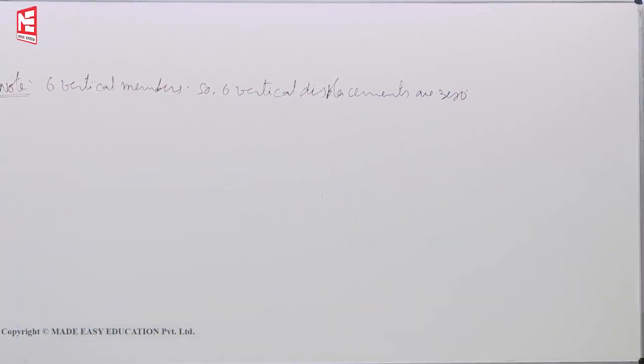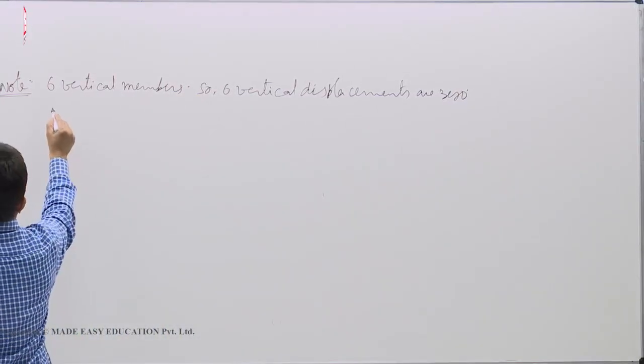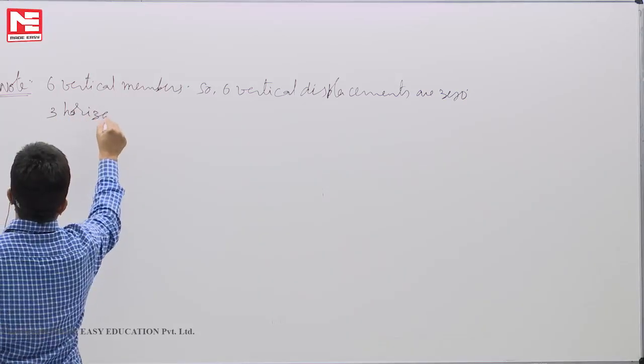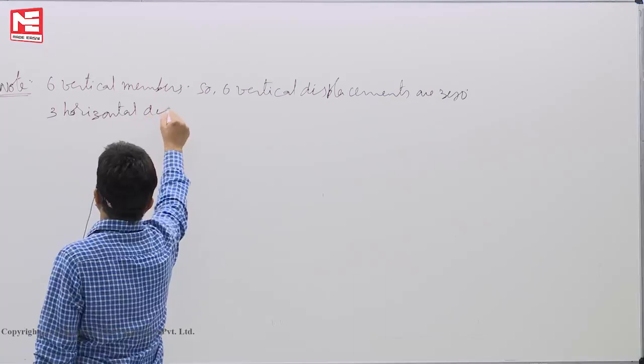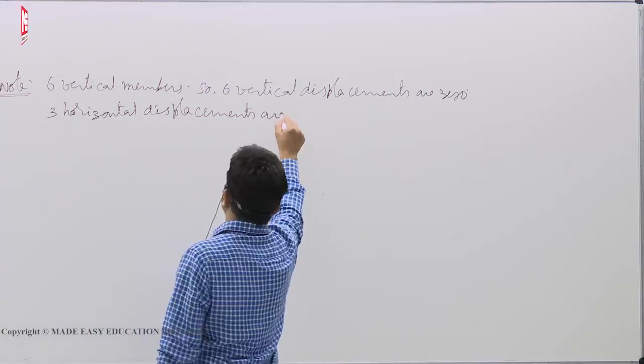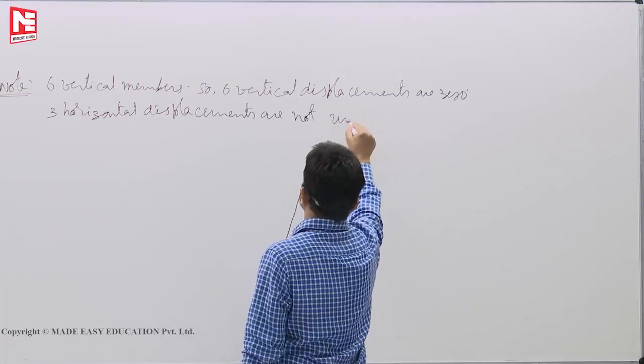Then at this floor level, 3 horizontal displacements are not unknowns.